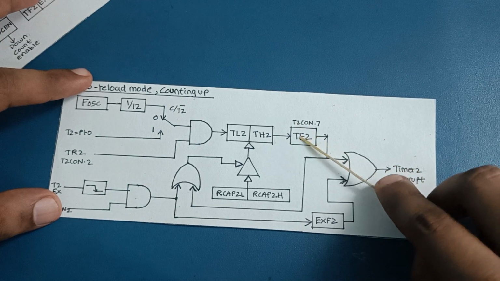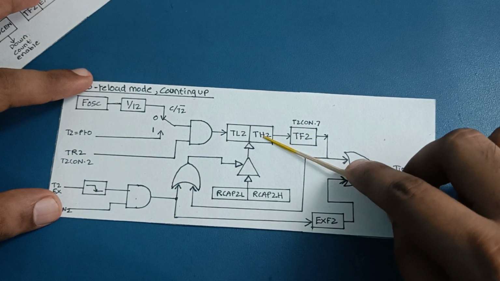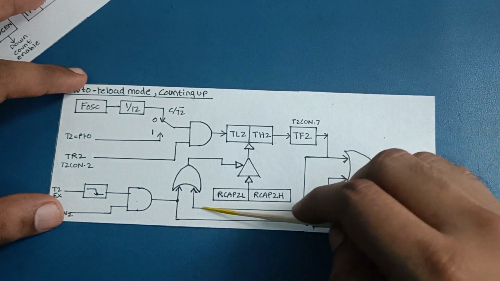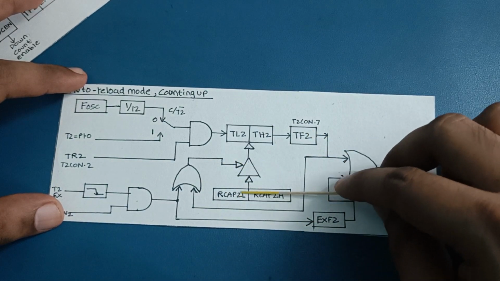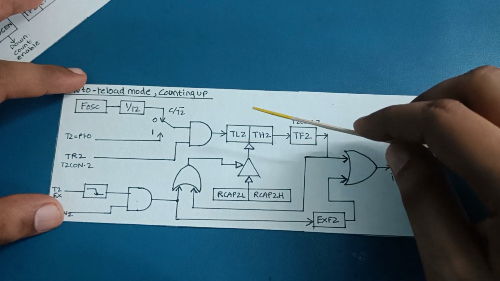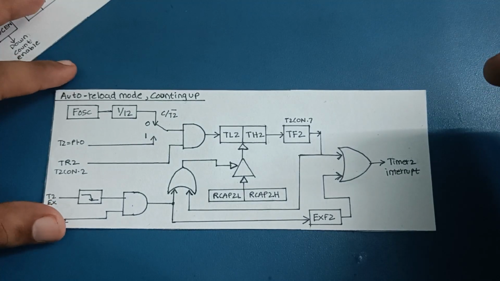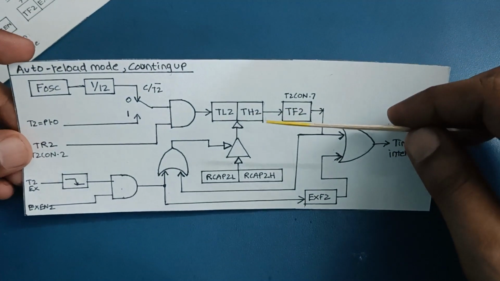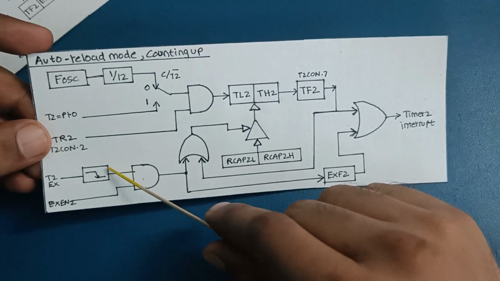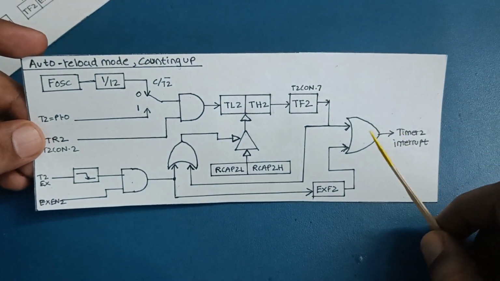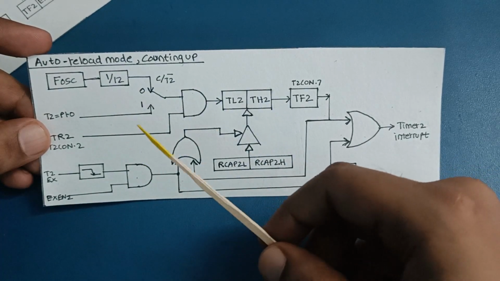Or when the flag is set, when the timer overflows. So when it rolls over from FF to 00, this flag sets and it causes RCAP2L and RCAP2H to reload. So this is a 16-bit auto reload as compared to the timer 1 8-bit auto reload. It is similar to that, but here we have the additional feature of an external pin to cause the auto reload. So in this way auto reload functions.